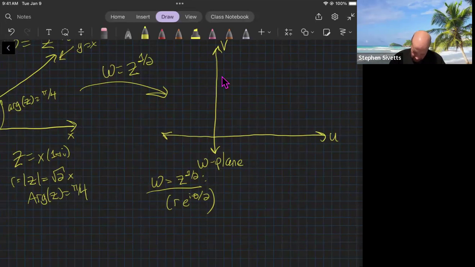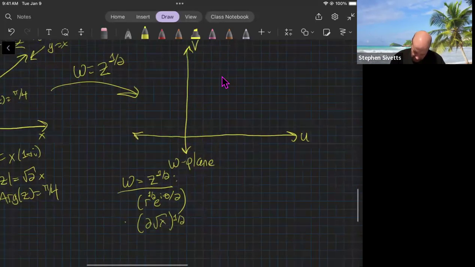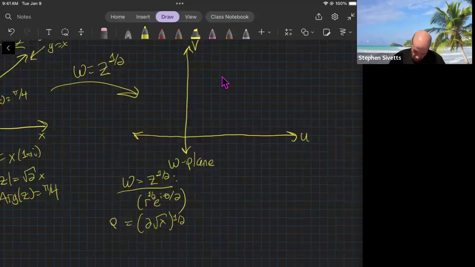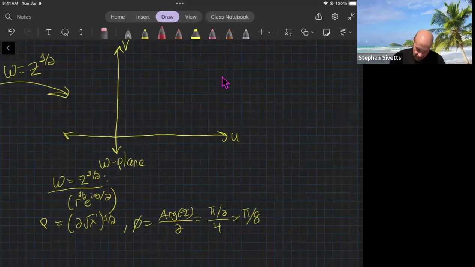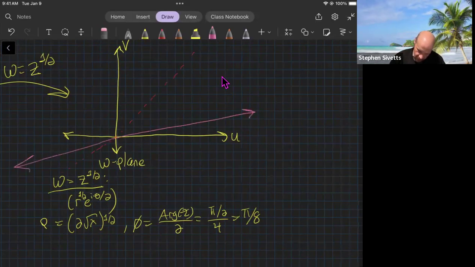R to the 1/2 would be your new radius, which I'll call rho, and phi is essentially the argument of z over 2, which is pi over 8. So if this is the line where theta is pi over 4, pi over 8 would be this line that's flattened.